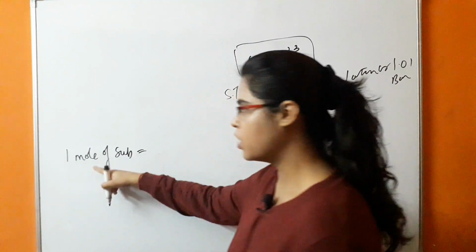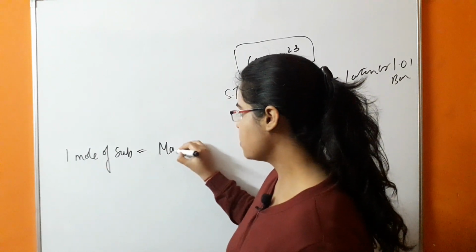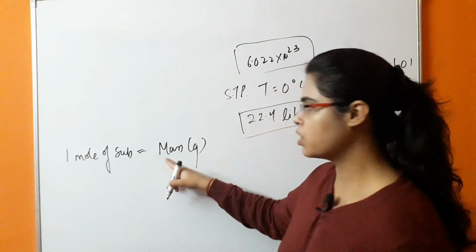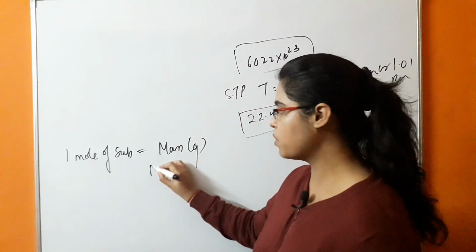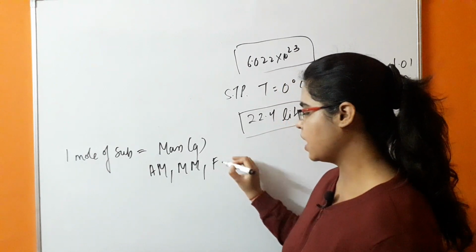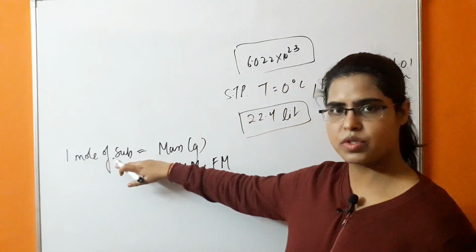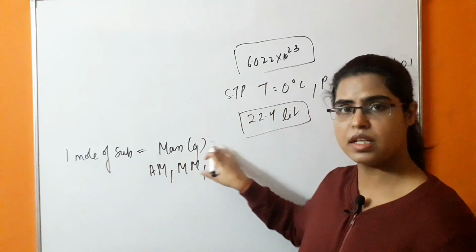substance, 1 mole of a substance is equal to mass in grams. In this case, mass can be atomic mass or molecular mass, or it can be formula mass. It means 1 mole of a substance is having mass in grams.